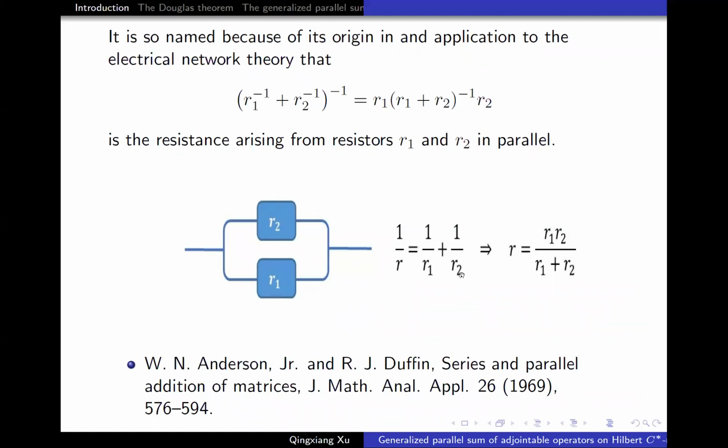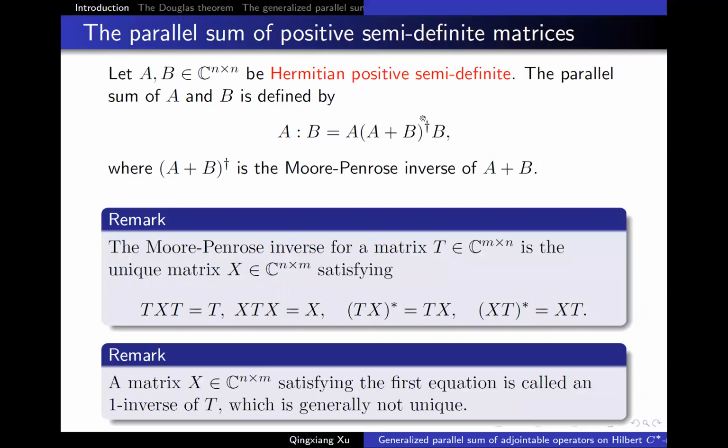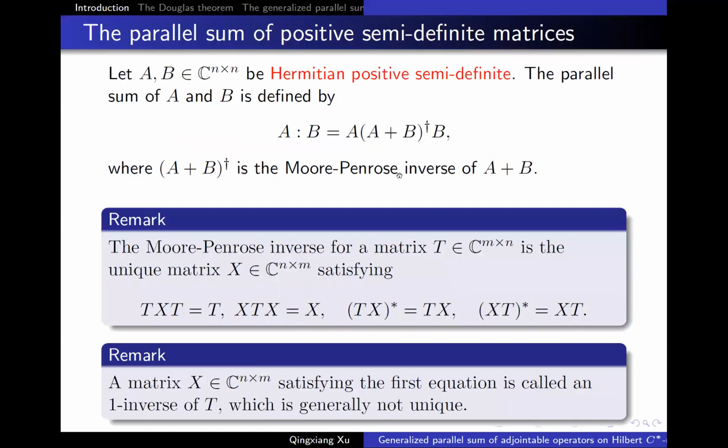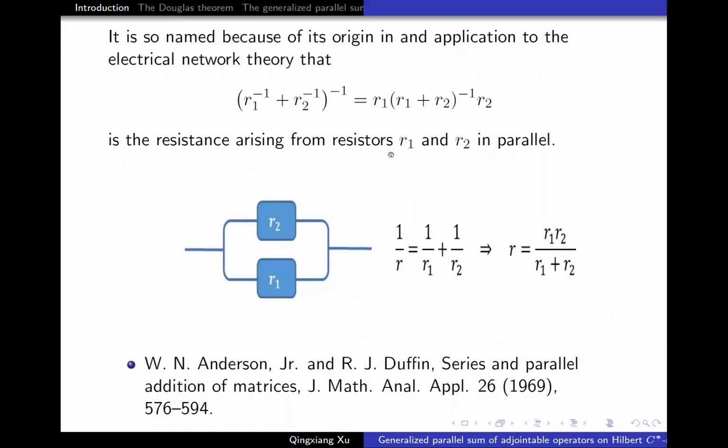From here, we can get a formula for the total resistance, which is very similar to the parallel sum. So these two authors just made a generalization from positive numbers to positive semi-definite matrices.